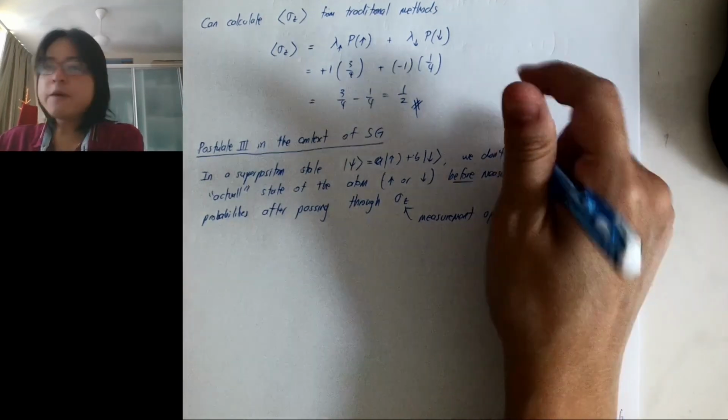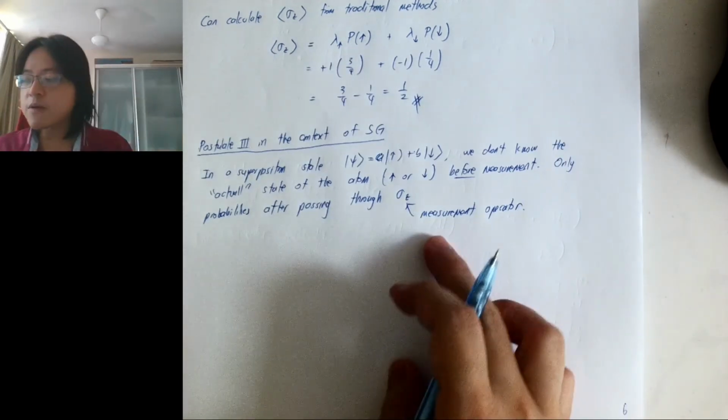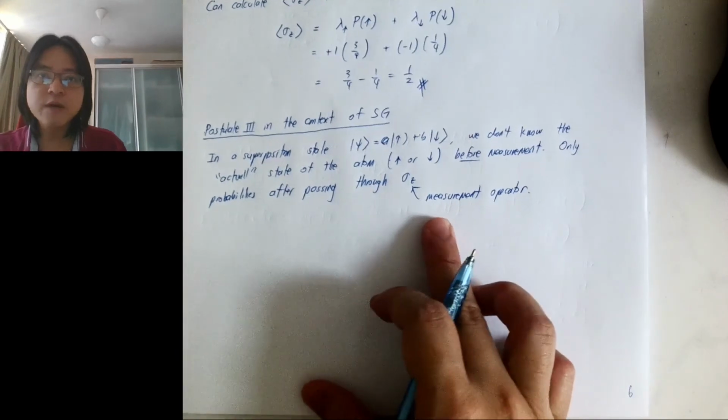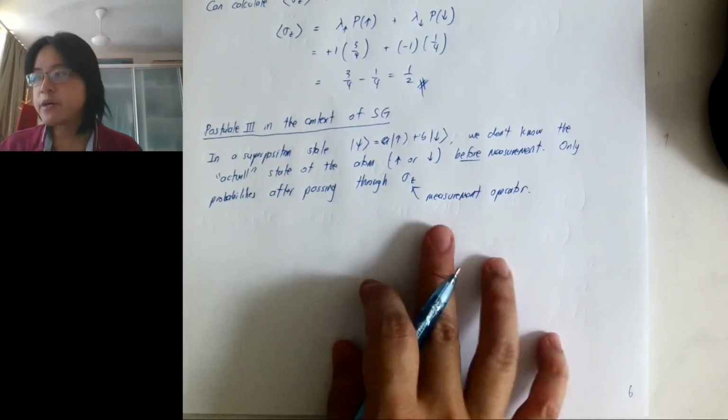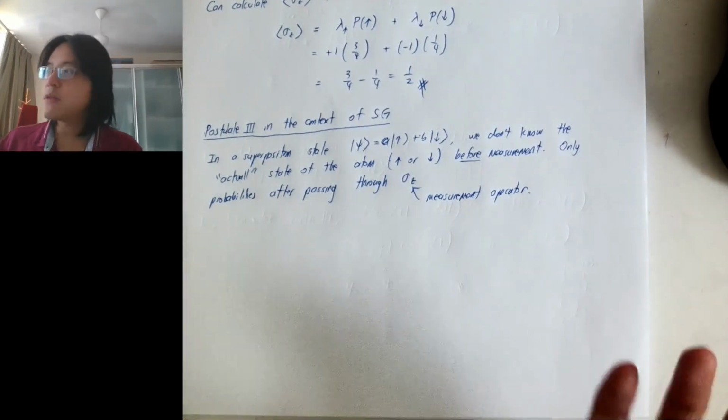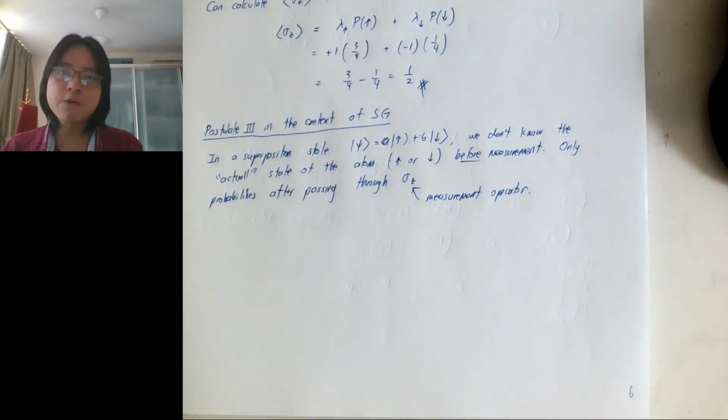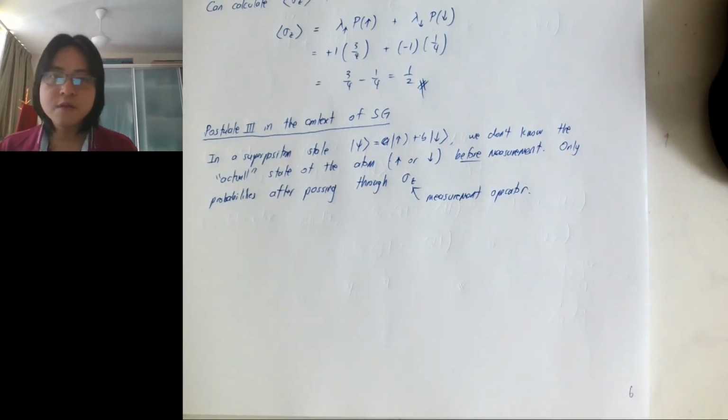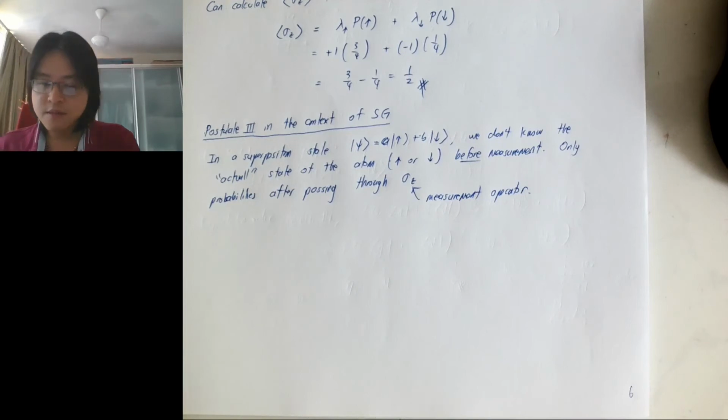Okay, so why we want it to be Hermitian is because the outcomes are real numbers, so that's why we focus on Hermitian operators, right? We do not have experiments that get complex number outcomes, so therefore we will not use non-Hermitian operators.